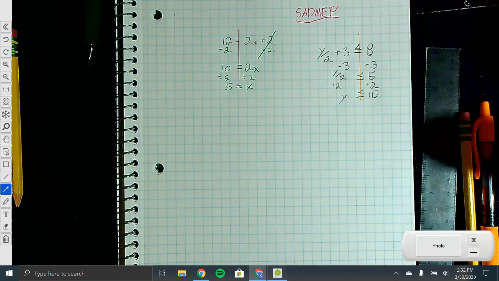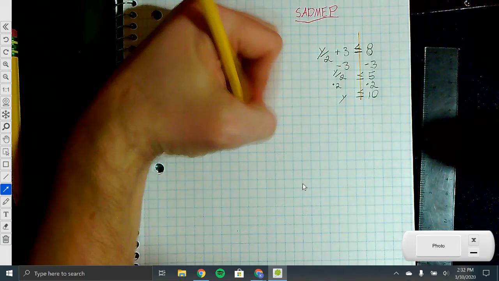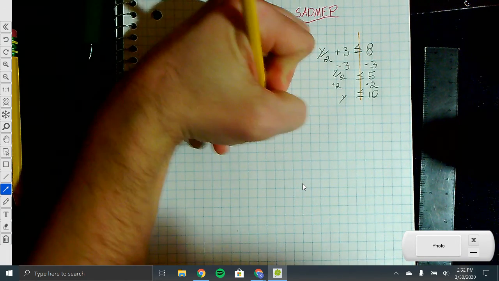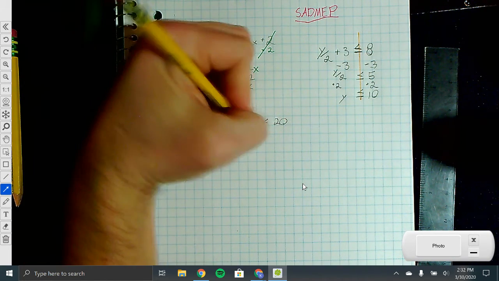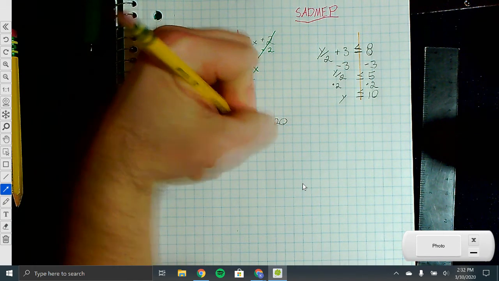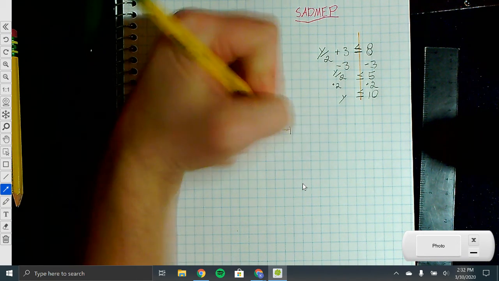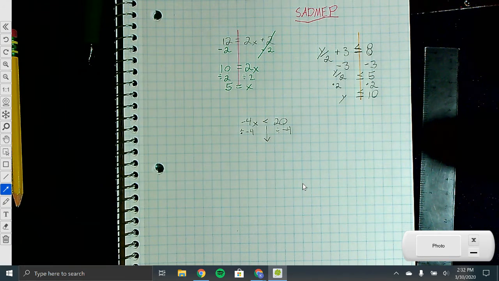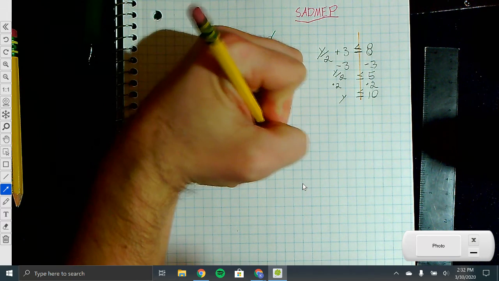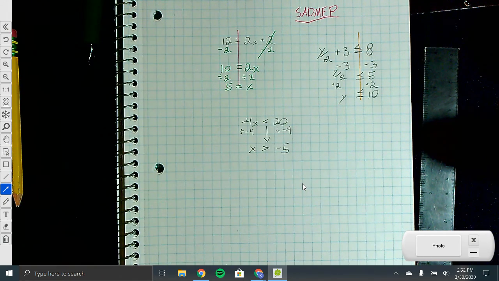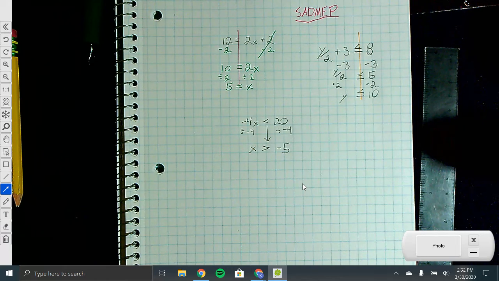What they mean by that is if we're solving an inequality such as negative 4x is less than 20, I'd have to divide each side by negative 4. That causes my inequality symbol to flip from less than to greater than, and x would then be greater than negative 5. So if we're multiplying or dividing by a negative when we're solving for the variable, you have to flip the inequality.